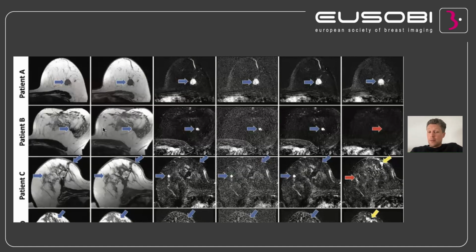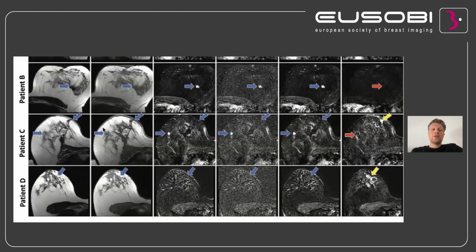Even worse, or similarly bad, you can sometimes find regions where the AI model thinks there is some contrast enhancement. So we see this in patient C. The AI model, again, only got these two images, only the non-contrast images. And it actually generates some contrast agent accumulation where there is no contrast agent accumulation. And within the same examination, it also misses one lesion again. So we found this approach does not work well.